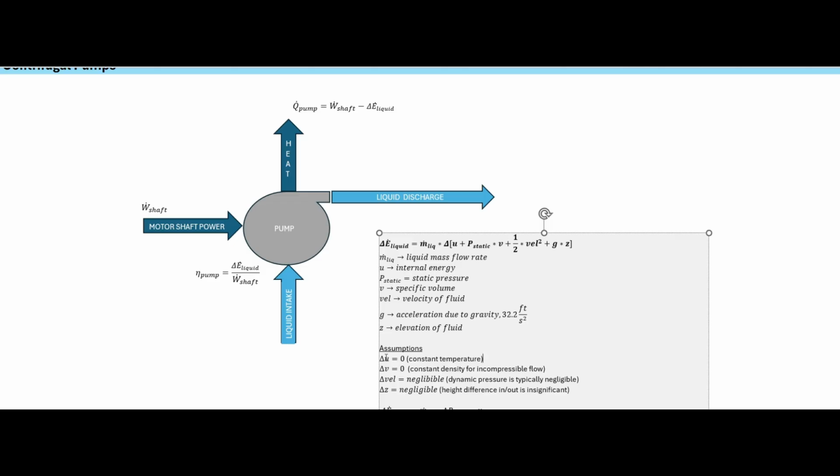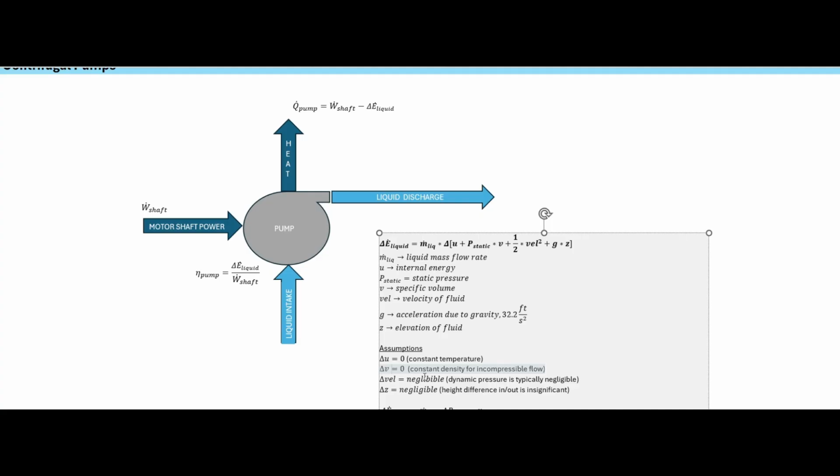We can assume that delta U, or the change in internal energy, is 0 if it's a roughly constant temperature process. You can account for any temperature change later by assuming that the heat dissipation goes into the liquid instead of into the atmosphere. So that can be accounted for later, but for this equation, assume that the change in temperature is 0. We can assume the change in specific volume of the fluid is 0 because it's incompressible flow.